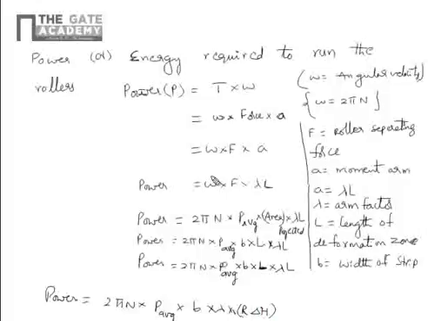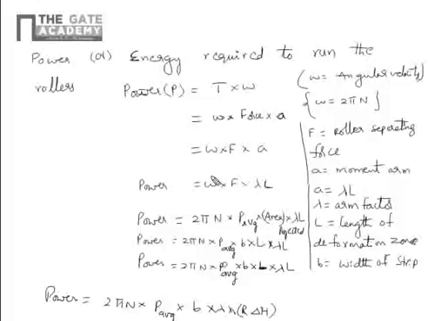So the power, the energy required to run the rollers for rolling, depends upon the radius of the rollers, the length of the deformation zone, and the width; anyway, the rest is constant.